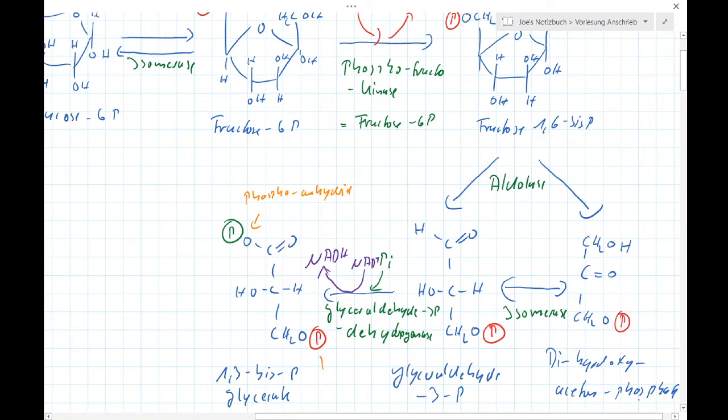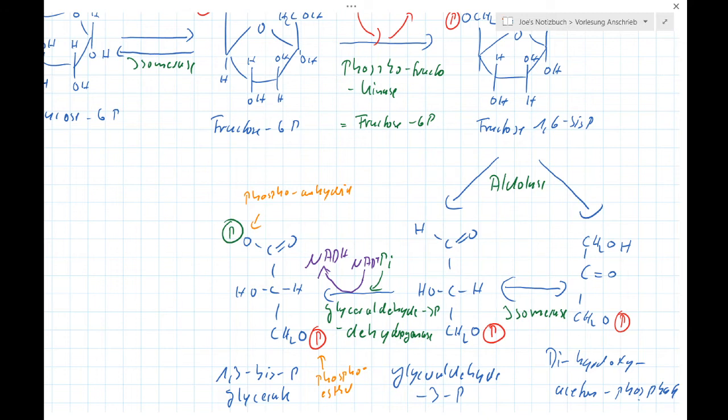This here is a phosphoester. And this is very important because the difference between a phosphoanhydride and a phosphoester bond is that an ester bond has a low energy content and a phosphoanhydride has a high energy content. And this energy content is usually so high that you can use this energy to transfer this phosphate onto ATP. And as you remember, this is called substrate level phosphorylation.